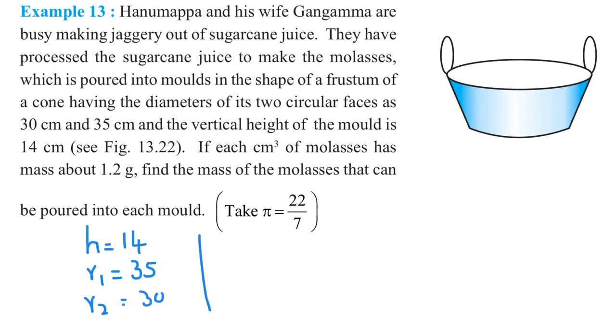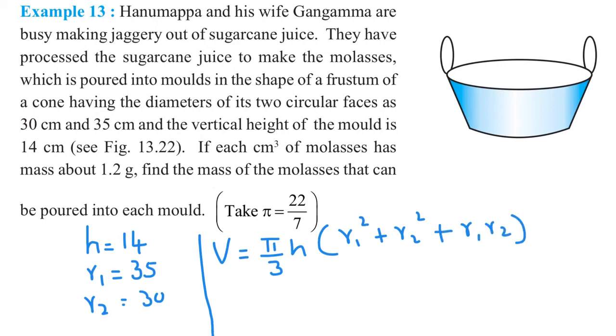We know the formula to find the volume of a frustum, which is pi by 3 times height times (R1 squared plus R2 squared plus R1 times R2). So, you need to just plug in the values and find that out.